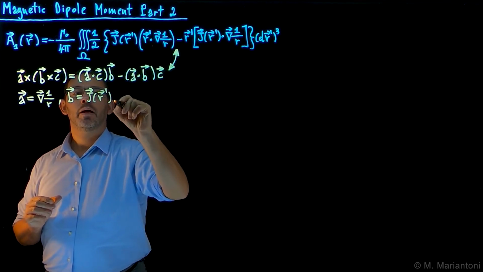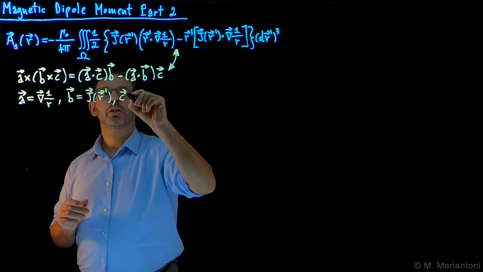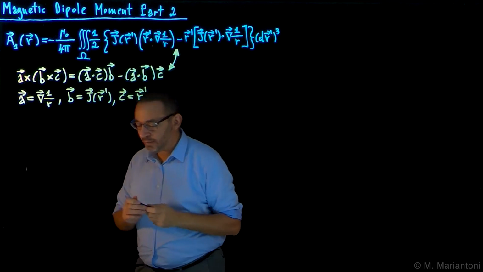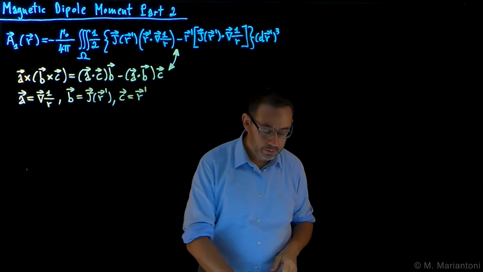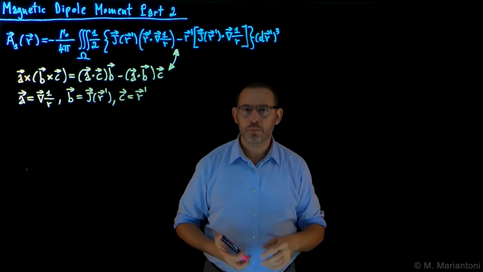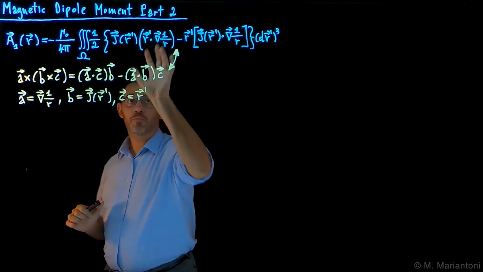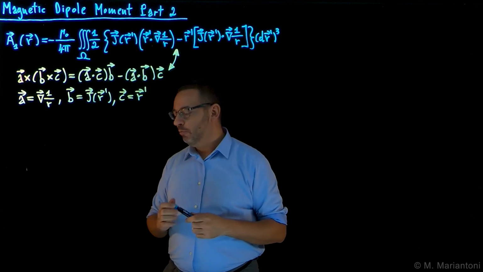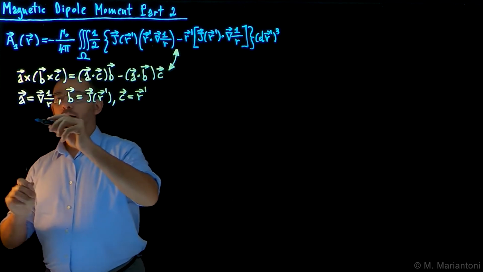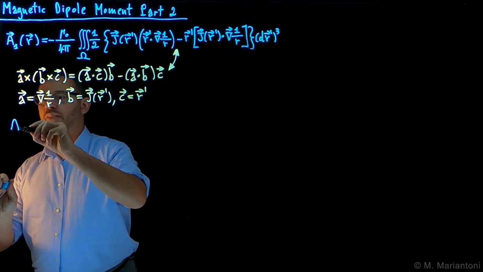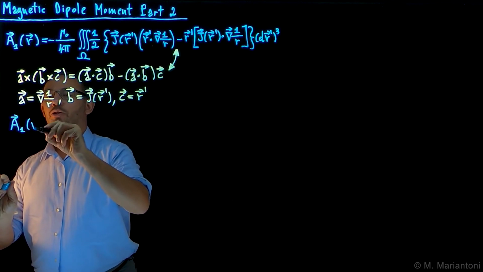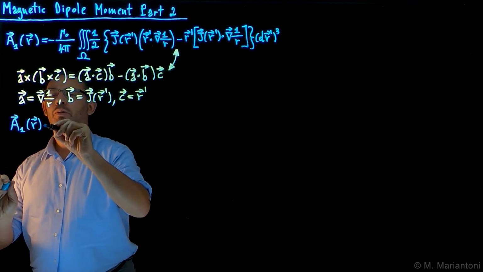And we call C simply the R prime vector. All right, so with this substitution, if you do this mapping, you will find out that A1 of R, I'm skipping a few steps, you can do them if you want, you can show them to me in Piazza, they're relatively simple.